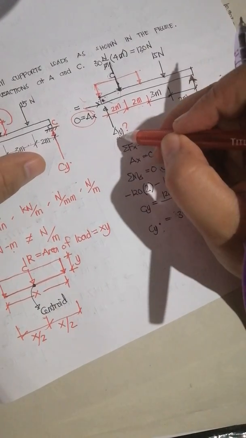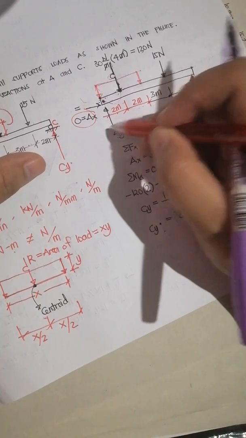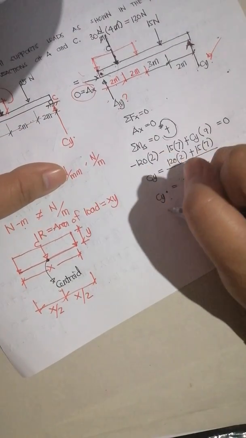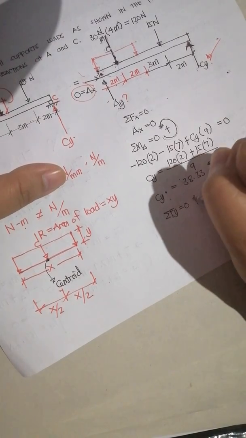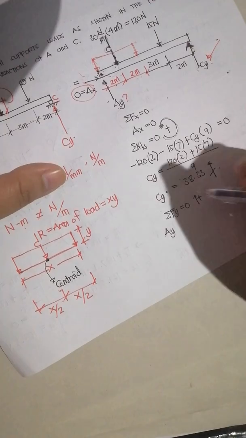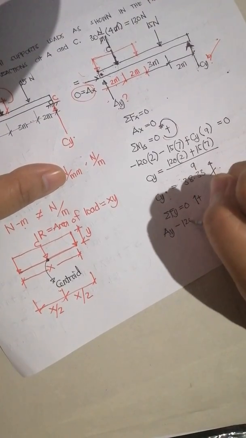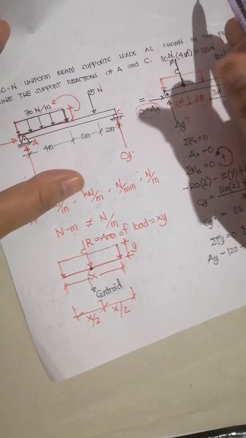Since there are no other unknown vertical forces, we could now use summation of force y equals 0, upward for positive forces. So we have Ay as positive, and minus 120, minus 15, the two downward forces.